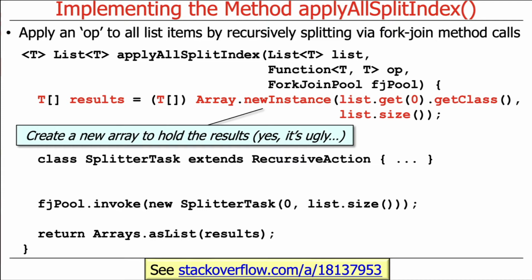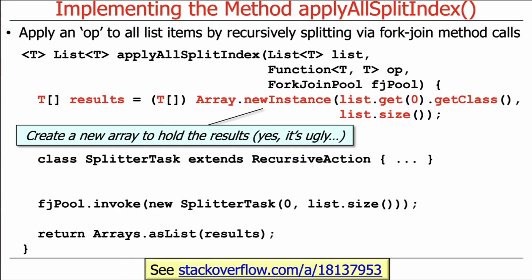So the first thing we're going to do is use Java reflection to create a local array of type T. We want a local array called results, and you'll see why we make it an array as opposed to, say, a list or an array list. This is a really bizarre quirk of Java and its generic programming model.